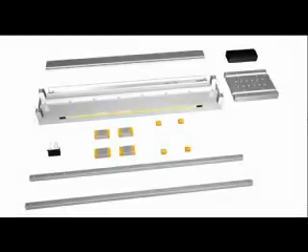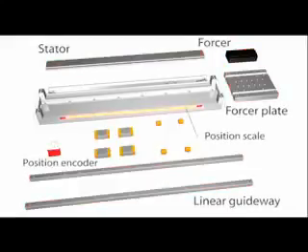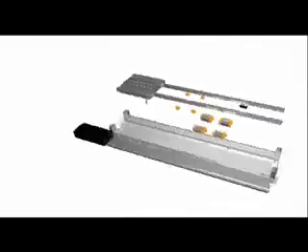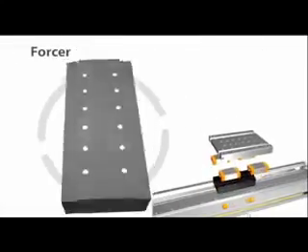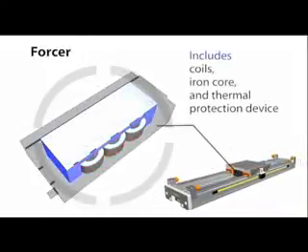The internal elements of a linear motor include a forcer, stator, a guideway, a forcer plate, and a position encoder. Forcer. This is also the primary side and includes a coil, iron core, and thermal protection device. Stator.